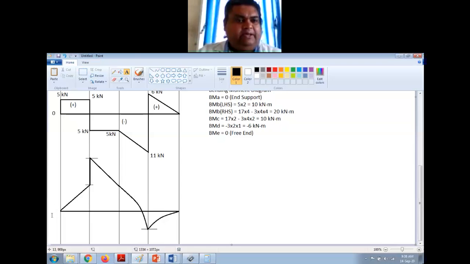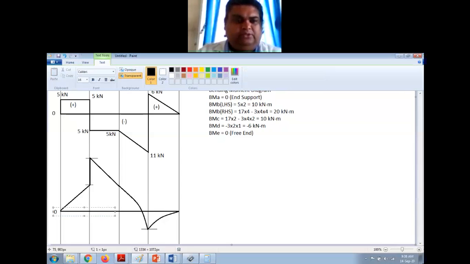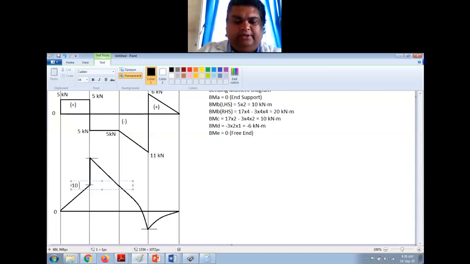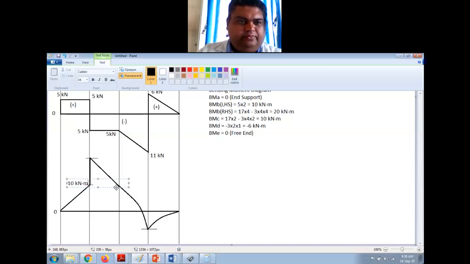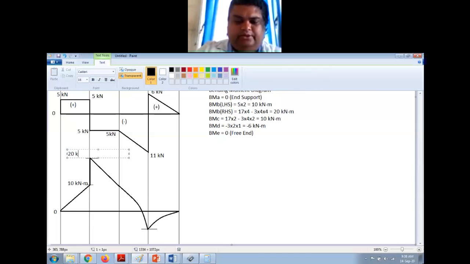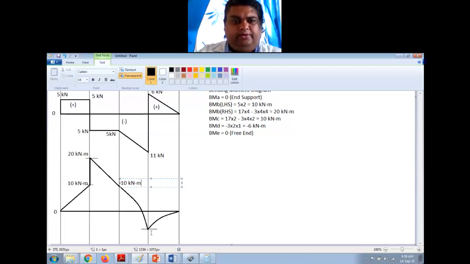Now let us just write down all the values. So this is 0. This is 10 kilonewton meter. And this is 20 kilonewton meter. Again at this point this is 10 kilonewton meter.